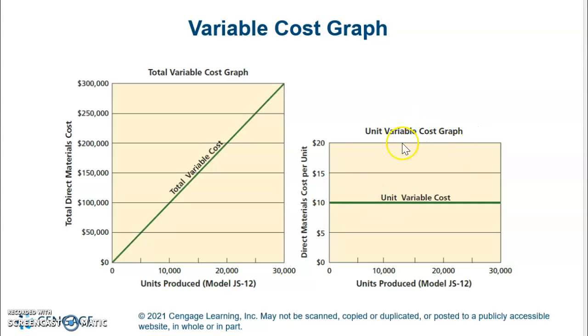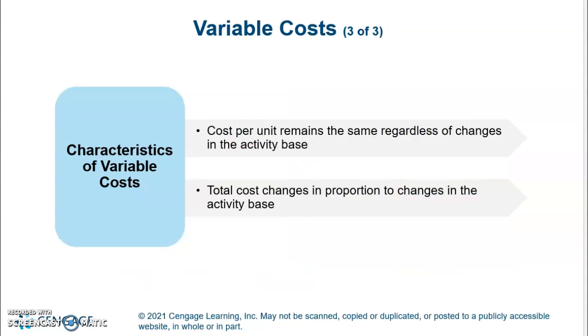But notice over here, this is the unit variable cost. No matter how many units I produce, each unit will cost $10, but total variable costs will start at 0 and continue to climb up proportionately. So I'm kind of working backwards here. The characteristic of variable cost is that the cost per unit remains the same regardless of changes in the activity base.